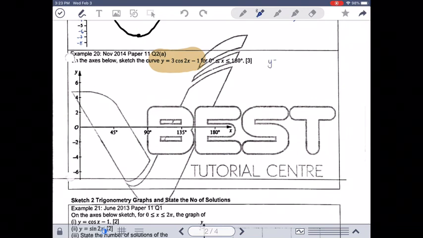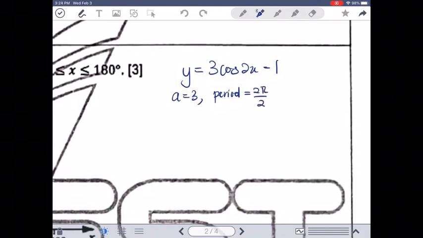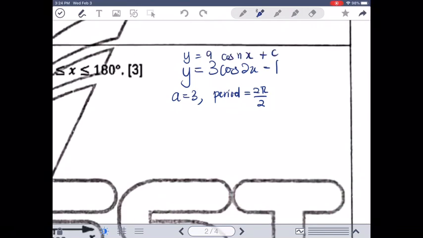So we have y equals 3 cos 2x minus 1. We can see that our amplitude A is equal to 3, and our period equals 2 pi over 2, because this is y equals A cos nx plus c.